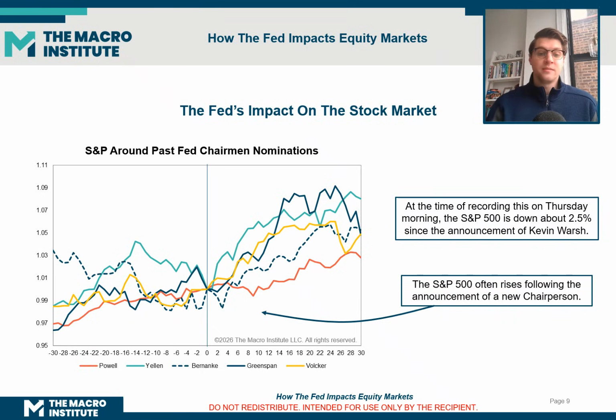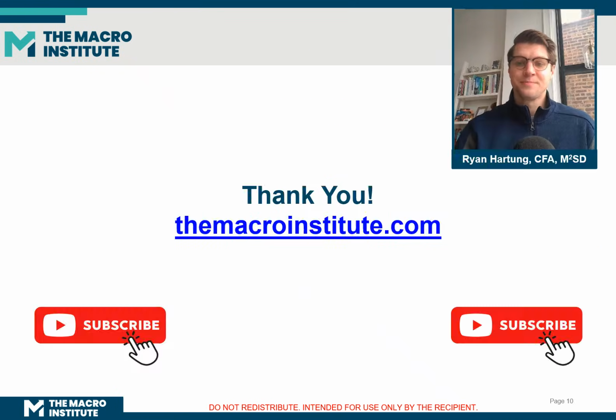Obviously, it's only been, I think, 5, 6, 7 days. So we have a long way to go for it to be added to this chart and to see the full picture. However, it is bucking the trend a little bit, where generally you see some sort of small rally after the announcement of a new chairman's nomination. So I don't think there's anything to draw from that. Very small data point, but something interesting to mention nonetheless.